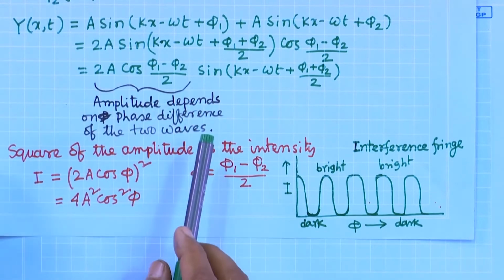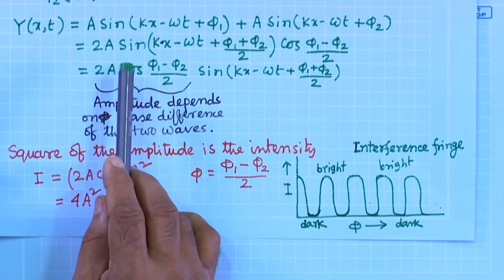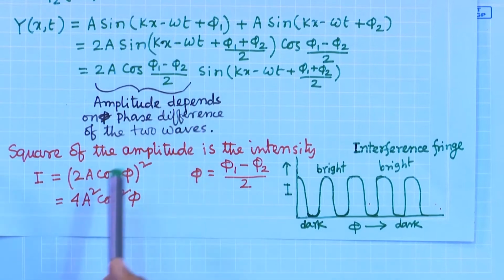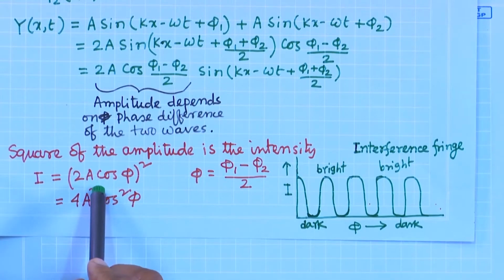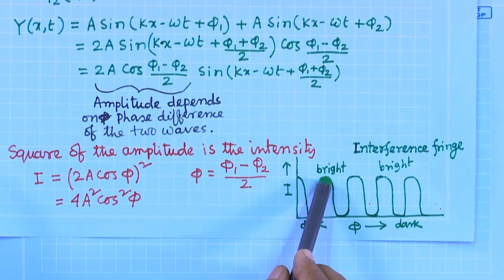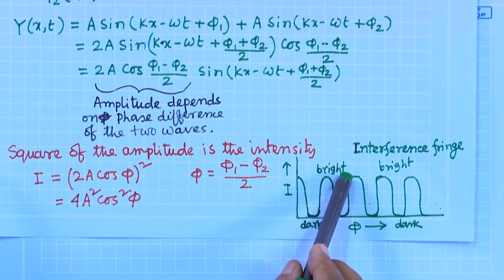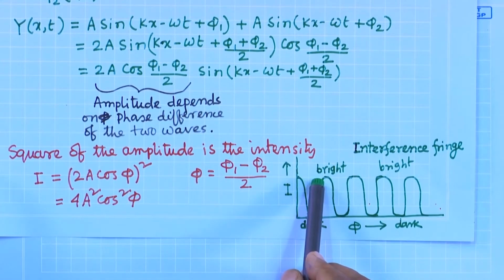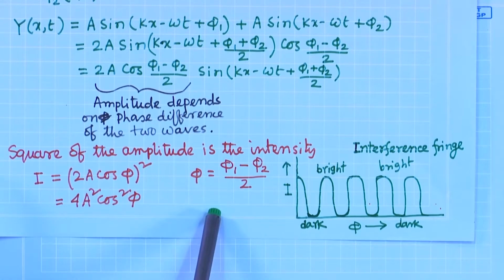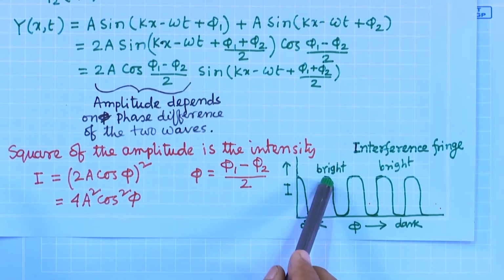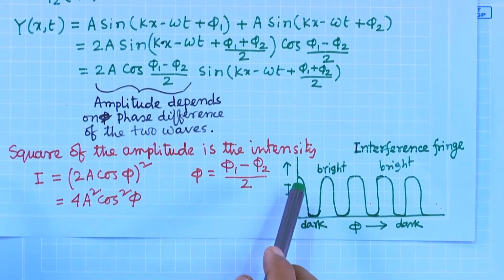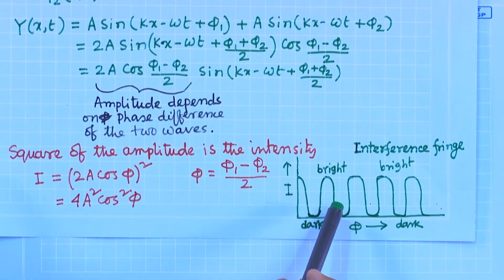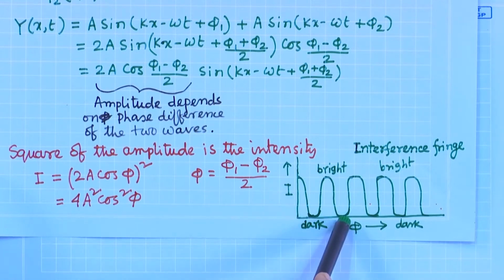If the amplitudes are not the same, say A1 and A2, then the bright one will be A1 plus A2 whole square, the maximum intensity, and A1 minus A2 whole square will be the minimum intensity.